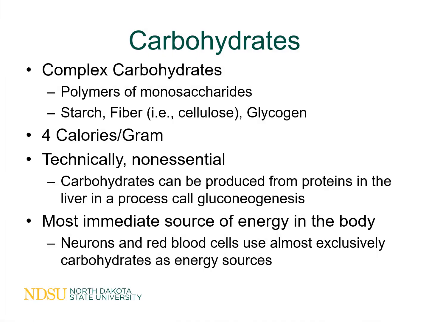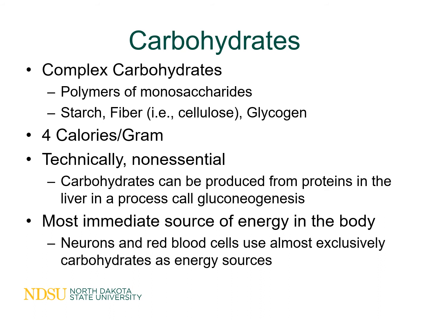Some carbohydrates are complex carbohydrates. We just talked about simple carbohydrates, and disaccharides are just two instead of one. Complex carbohydrates are hundreds or maybe even thousands of carbohydrates attached. They're all polymers of monosaccharides, and some good examples are starch and fiber in foods, and glycogen within our own bodies. Carbohydrates provide 4 calories per gram, and like we just discussed about alcohol, carbohydrates are technically non-essential.